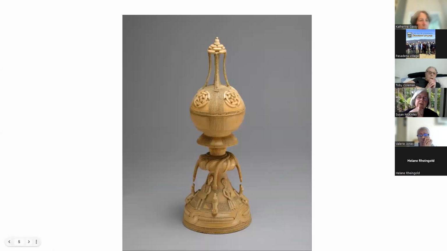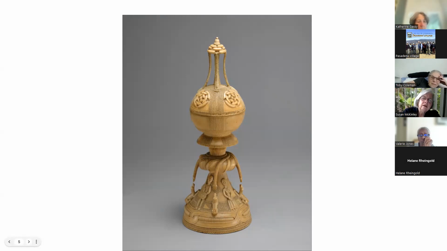Oh, beautiful. These things are so carved. Gorgeous. From Sierra Leone. Made for export, because the people in this part of Africa are not going to use this. What do you think it might be for?